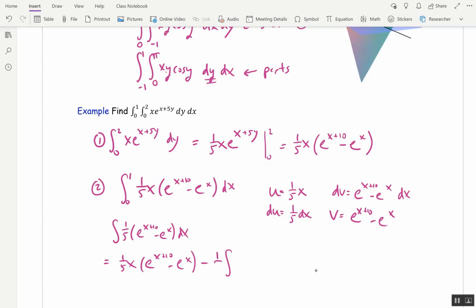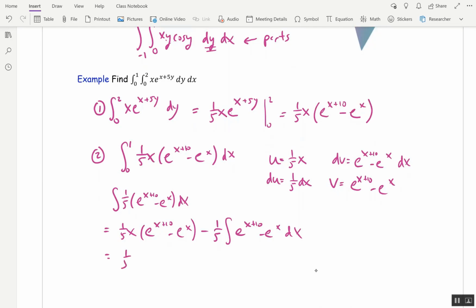I'll put my 1/5 out here, and then e to the x plus 10 minus e to the x dx. So that's 1/5, I'm just copying down this first part, x, e to the x plus 10 minus e to the x. And then I'm going to integrate and distribute the minus 1/5 at the same time. The integral of e to the x plus 10 is just e to the x plus 10. So that's minus 1/5 e to the x plus 10, and then plus 1/5 e to the x.